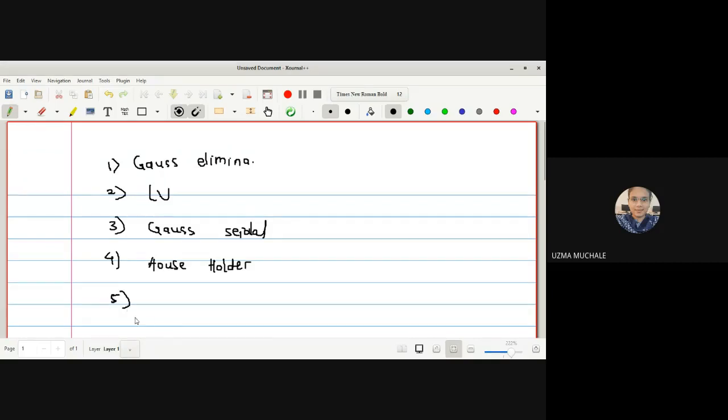Fifth is symmetric tridiagonal, eigenvalues of symmetric tridiagonal matrix. And the last one is power method for eigenvalues. These are two related to eigenvalues.